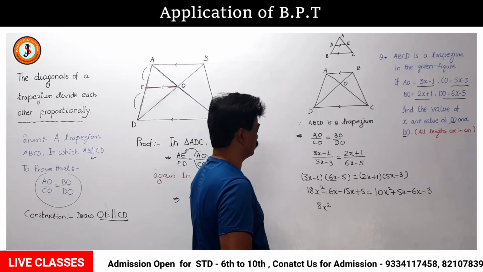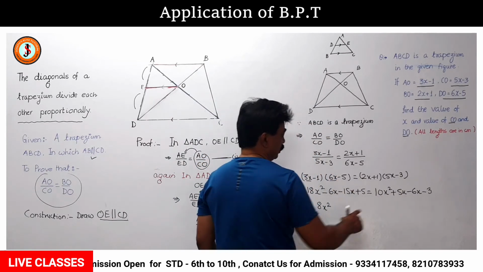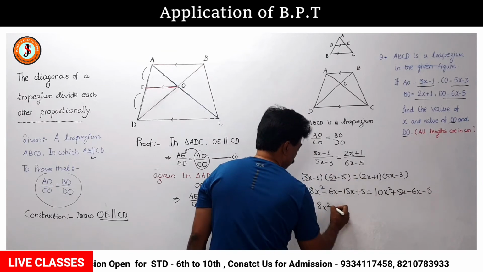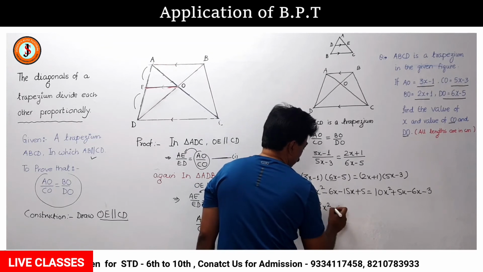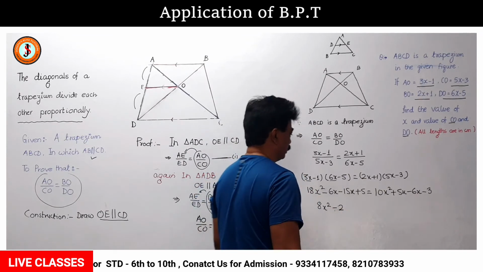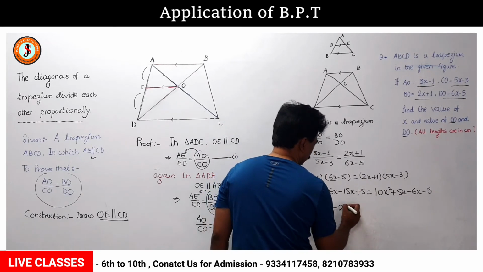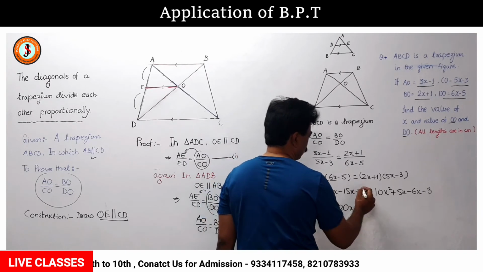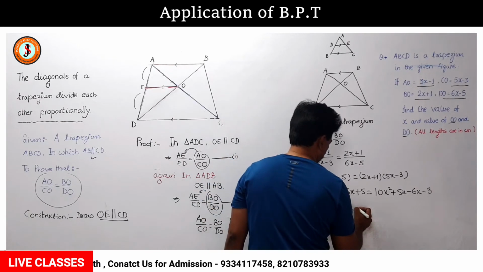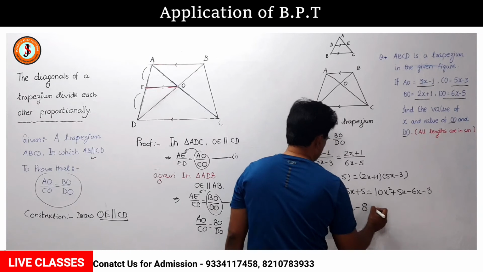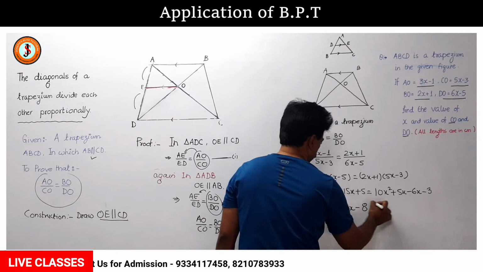This is 15 and 6, minus 21x, and the minus x comes this side, so it becomes plus x, so this is minus 20x. And then plus 5 and minus 3 comes this side, so this will be 8. Let us see once more, yeah. So this will be 8 and that is equal to 0.